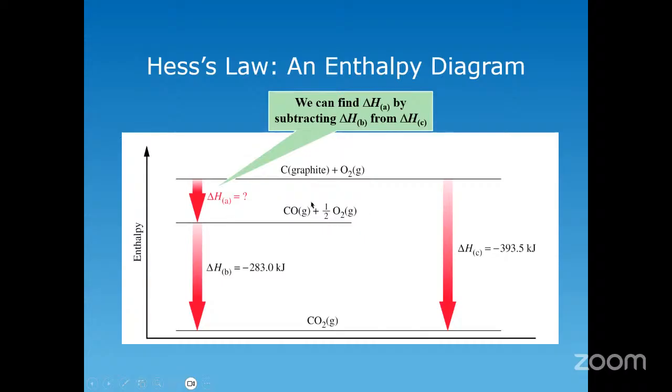Therefore, to find this value, we find the difference between minus 393.5 and minus 283.0.